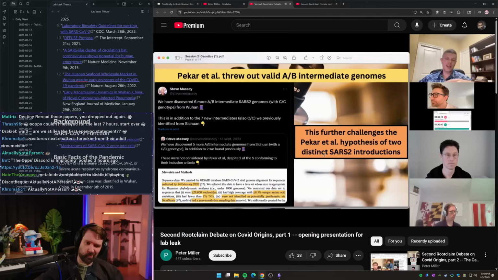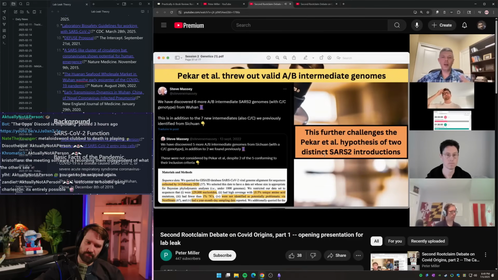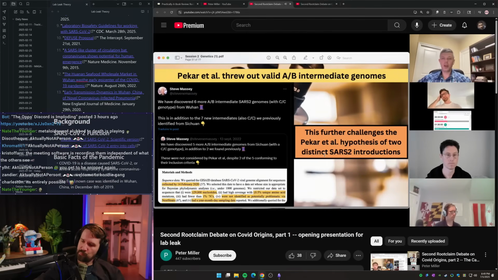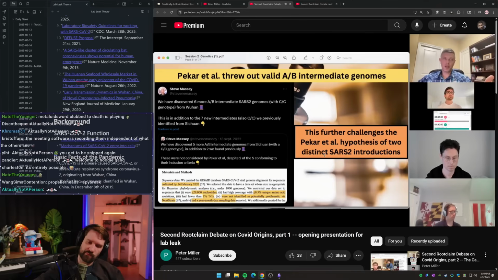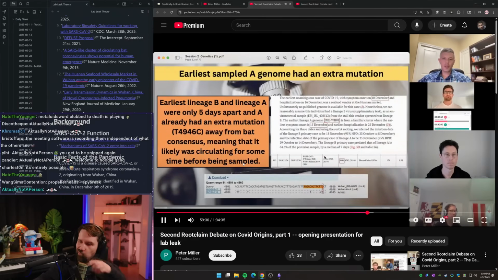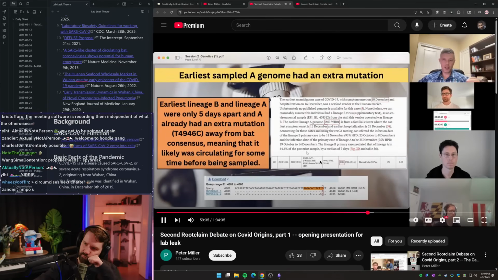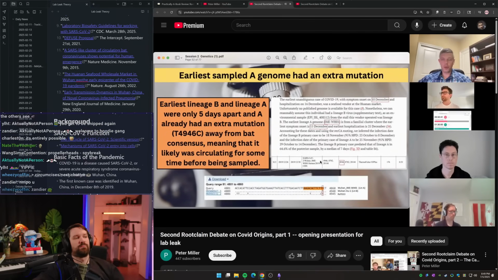But I think all of this is a bit of a moot point, because after the fixing of the bugs, the errata that Picard has now published reduced their Bayes factors by like 6 times. I think by now this 2 spillover hypothesis is essentially dead in the water. Also, the earliest sampled lineage A genome already had an extra mutation away from the base consensus, and this suggests that lineage A was circulating for some time before it was sampled.